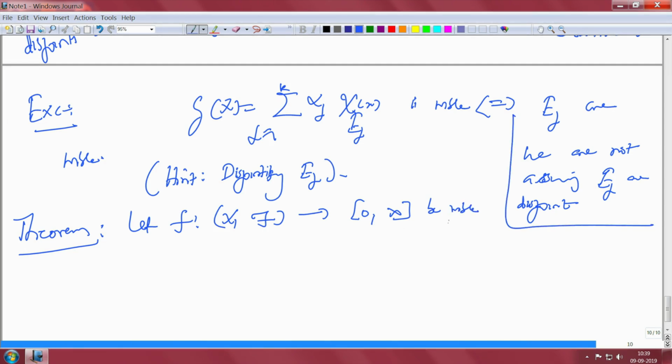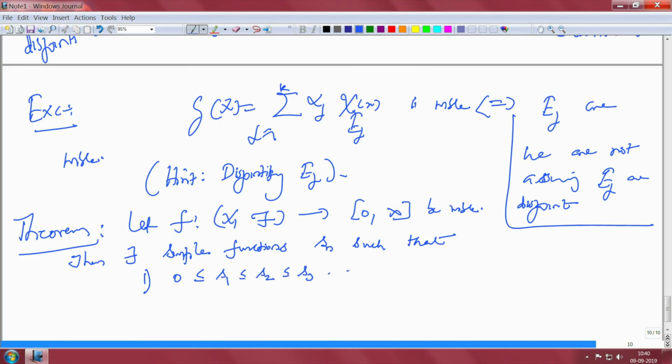Okay, then there exist simple functions Sn such that 0 less than or equal to S1 less than or equal to S2 less than or equal to S3 etc. So that is Sn are increasing to f, limit of Sn at x equal to f of x for every x.